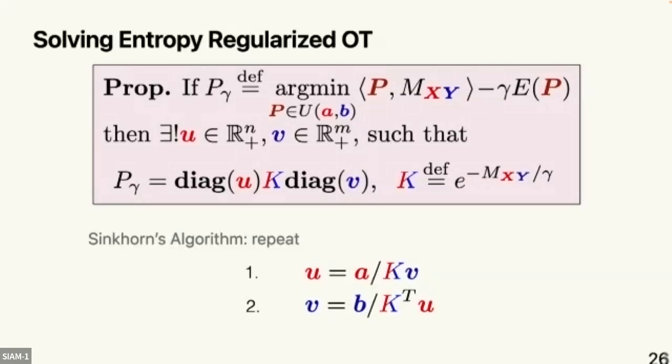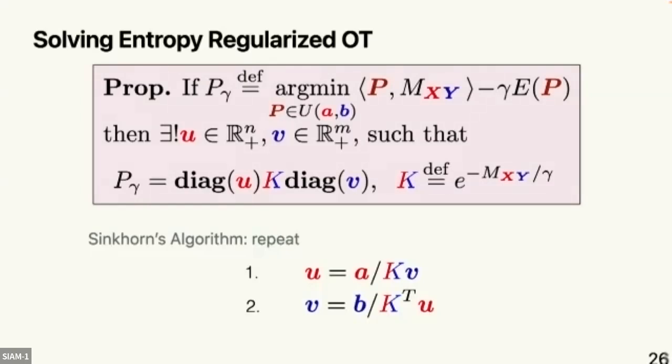So what do we do when we try to have things satisfy this relationship? We just run a fixed point iteration. And the reason this is called Sinkhorn's algorithm is because Sinkhorn was the first in the 60s to prove that this fixed point iteration converged. He's not the one who invented it.